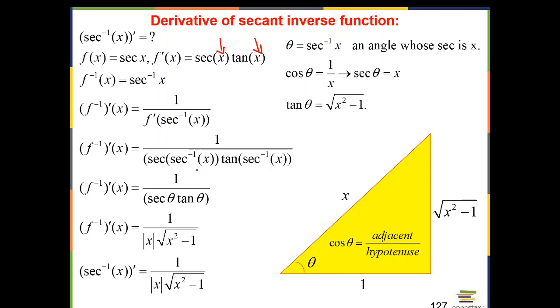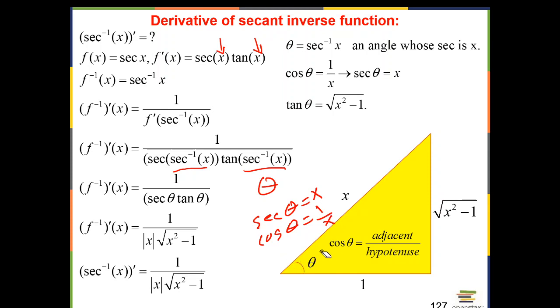And the secant inverse is actually, again, what? This actually is an angle whose secant is x, right? Now, secant is 1 over cosine, so that means if the secant of theta is x, then cosine of it has to be what? 1 over x, right?